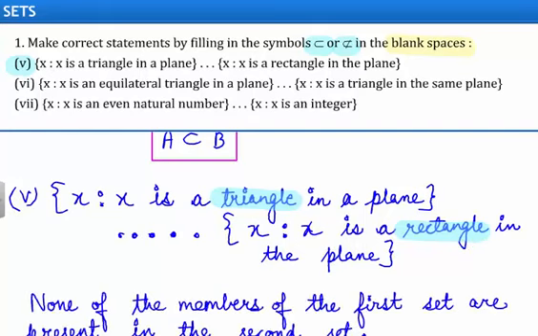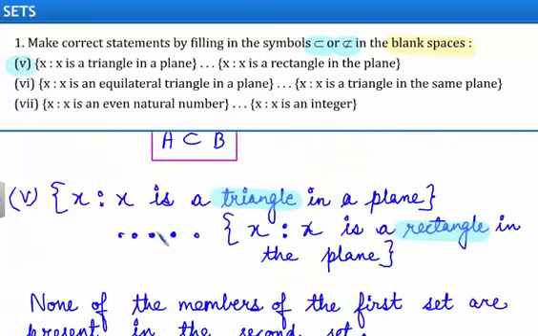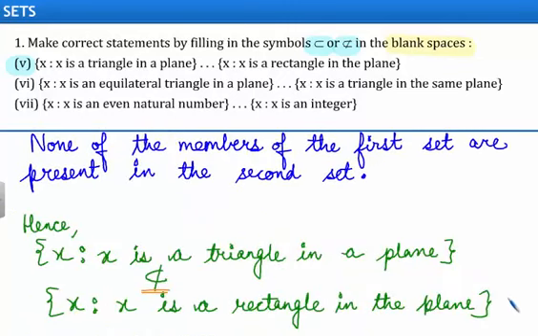So we can say none of the members of the first set are present in the second set. Hence we can conclude that the first set is not a subset of the second set, and we can fill this blank with this symbol. So the first set is not a subset of the second set. This completes the fifth part of the question.